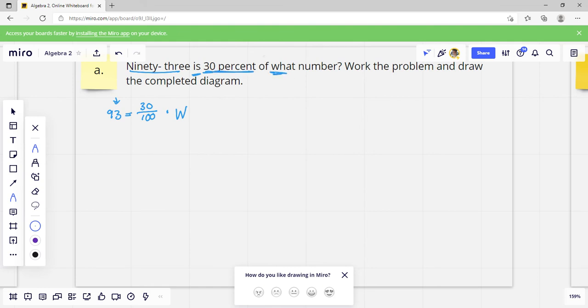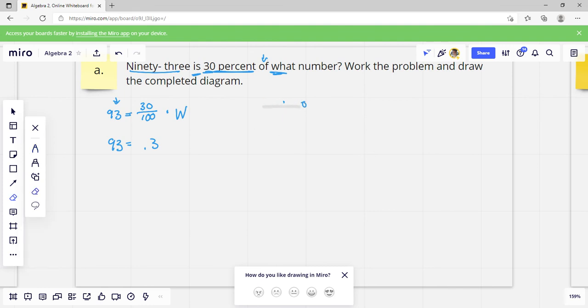Of means times, W. All right, so for this one, I think I'm going to just go ahead and reduce that fraction right now and make that be 0.3, right? So if I did 30 divided by 100, I'm going to come up with 0.3.